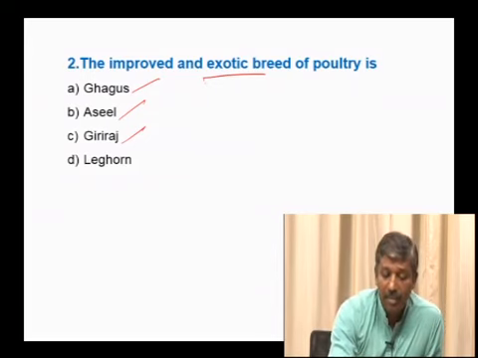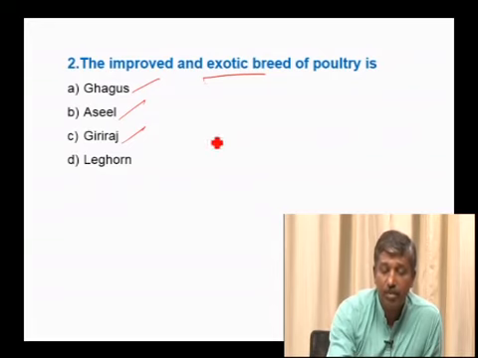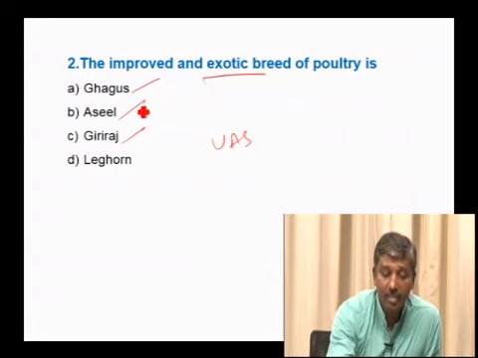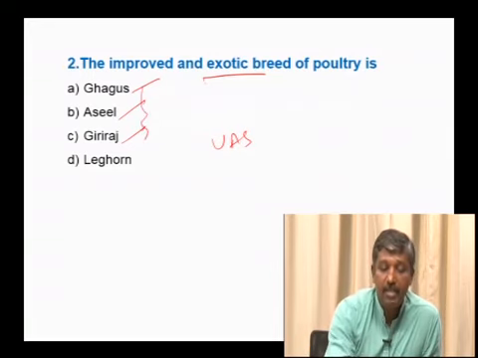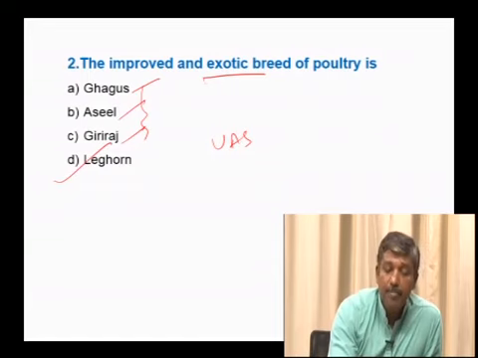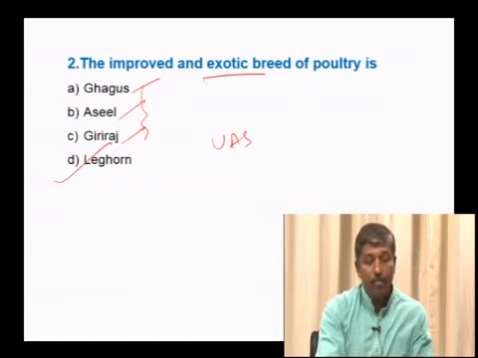Asil is also an indigenous breed reared in Punjab, Tamil Nadu, etc. Giriraja is a cross breed produced in the University of Agricultural Sciences in GKVK. Hence these three are the indigenous breeds, whereas Leghorn is an exotic breed, imported from other countries. Hence Leghorn is the exotic breed.